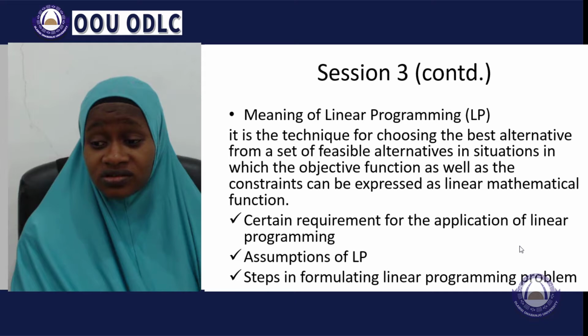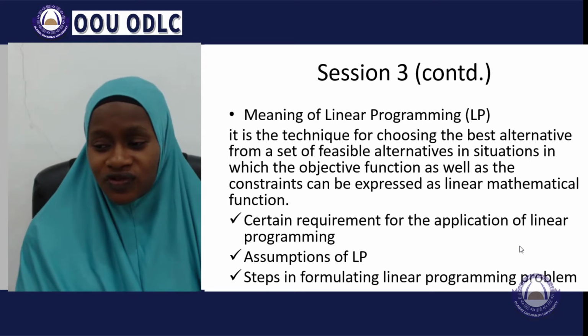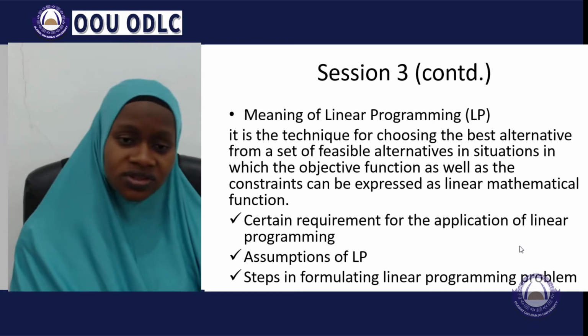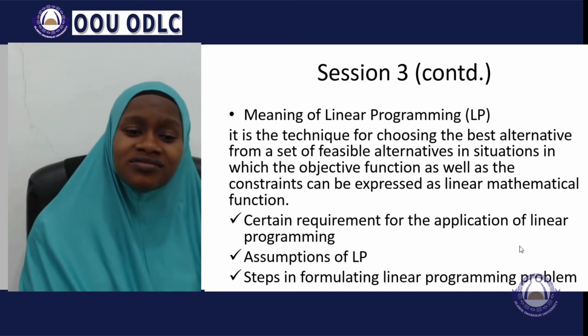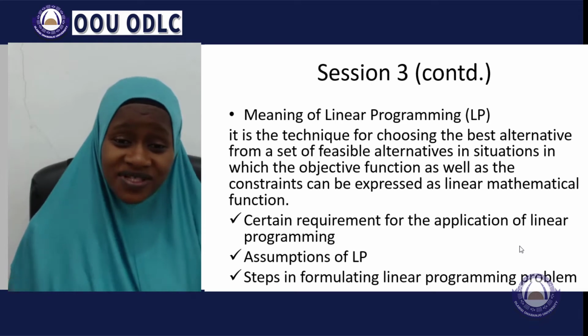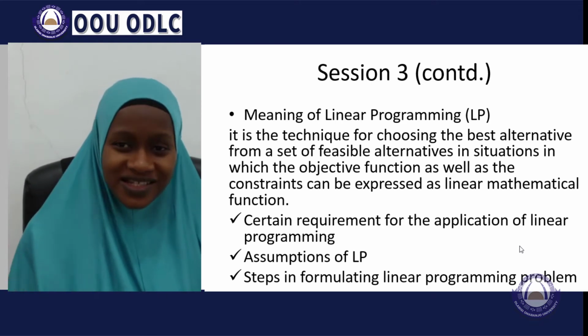The next one is that there should be a series of feasible courses of action available to the decision maker. Having identified the resources at hand, you must be able to identify feasible alternatives. You must not stick to one particular alternative.